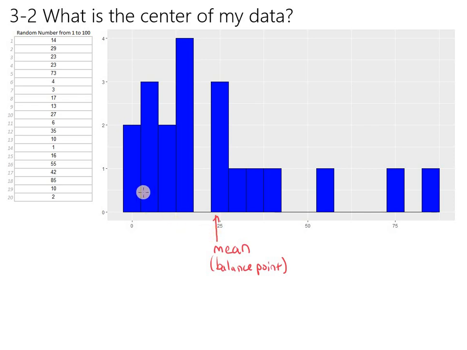The median, on the other hand, was 16.5. So let's see, there's 0, 5, 10, 15. The median's more like about right here.